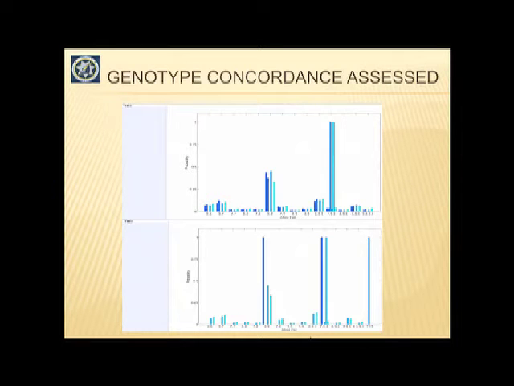As I said, when we have 2 ideal analyses, we then assess these for genotype concordance. This is for the derived contributors after TrueAllele has analyzed these samples and derived the contributors. On this top panel is that same 3-person mixture. It's difficult to follow this completely, but this is the THO1 locus, and what you're seeing is a distribution, because it is a 3-person mixture, so there's some genotype uncertainty.